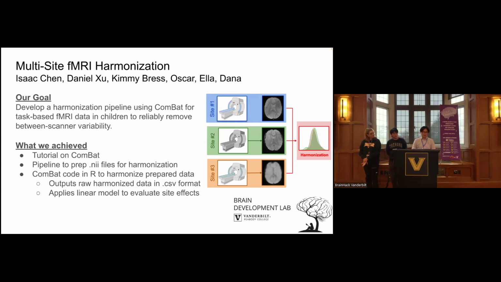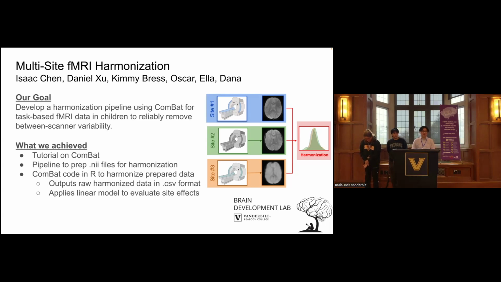After that, we worked on a pipeline to prep all the NIfTI files and get them in the right format for ComBat, and spent a lot of time figuring out the best way and what specific features we want to use to harmonize.